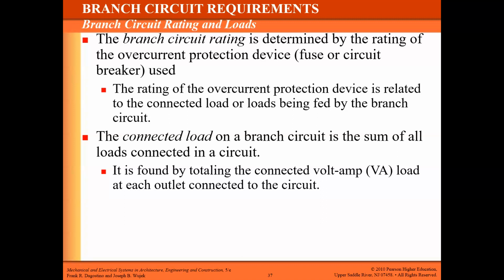Remember the relationship between watts and amps and volts. For example, if we add up all the wattages of all the devices and it comes to 1,000, how do we know how many amps that circuit needs to be? Well, basically we're just going to take that 1,000 watts and divide it by the voltage to get the amperage.